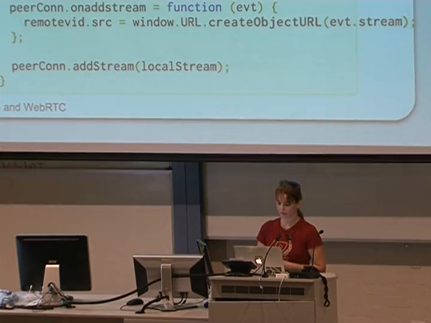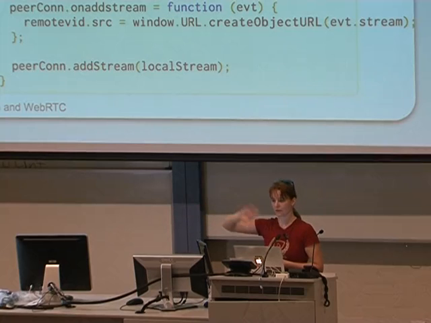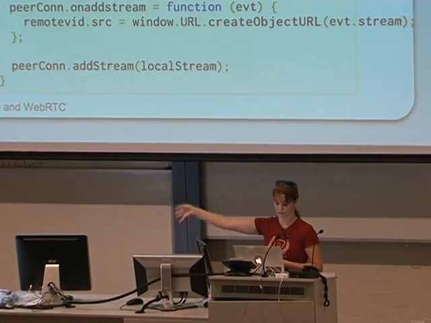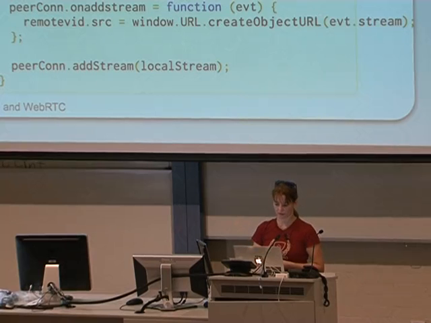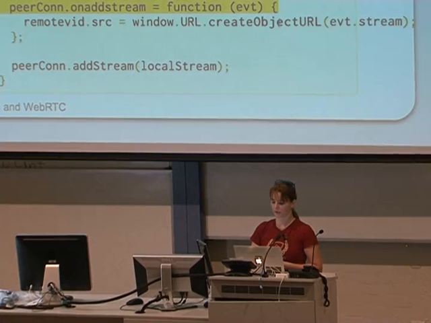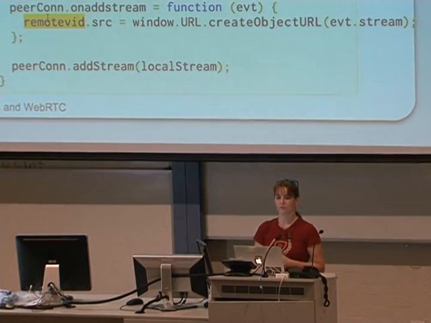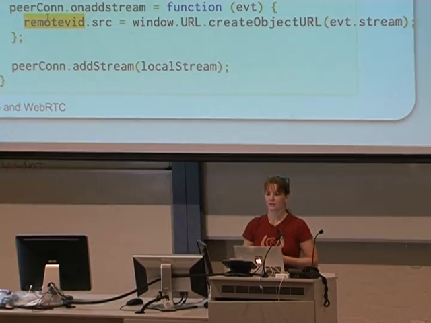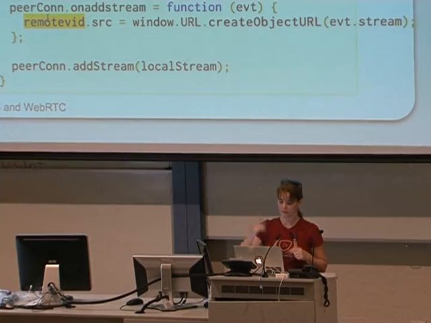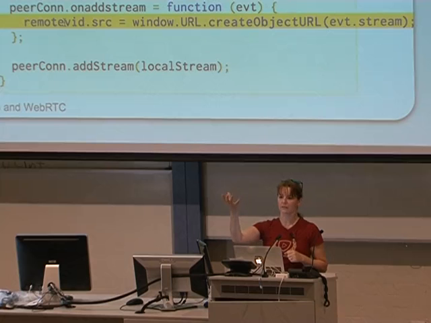And so then I set up my peer connection object, and I hook up the on ICE candidate. So when I'm getting an ICE candidate, I'm going to send that candidate over to the other end, so that we can communicate with that IP address. When I'm getting a stream from the other end, I'm going to put that into my remote video object that I've got on the page, the video element, so that this actually will display the video for us.